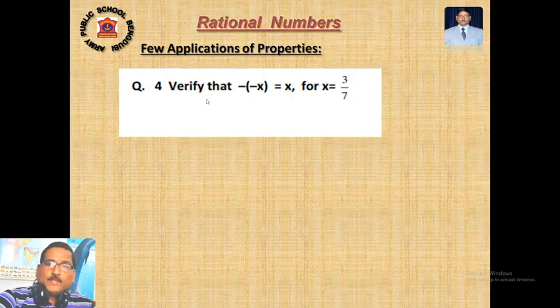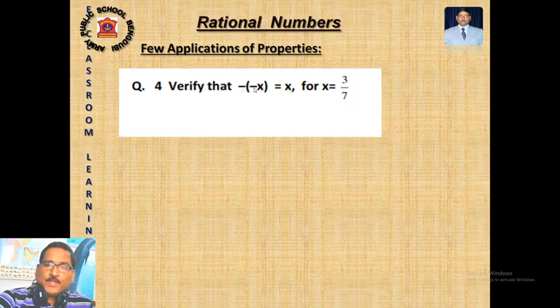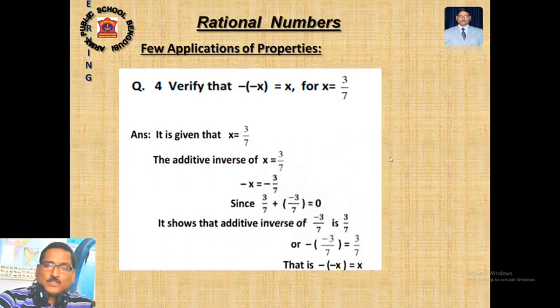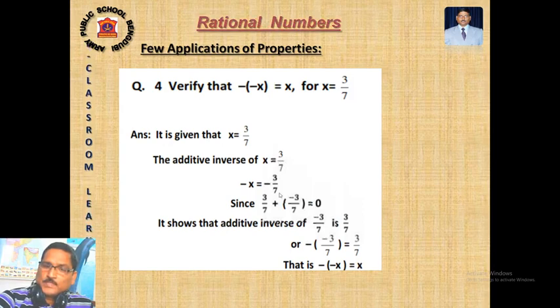Verify that the negative of a negative rational number is positive. When x refers to 3 by 7, how will we show that the negative of a negative rational number is positive? So how will we start? Given x is equal to 3 by 7. What is the additive inverse of 3 by 7? It will be minus 3 by 7.